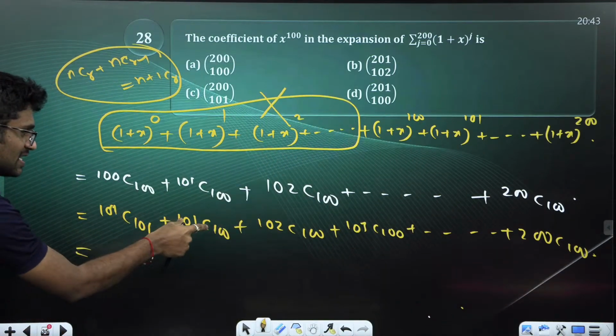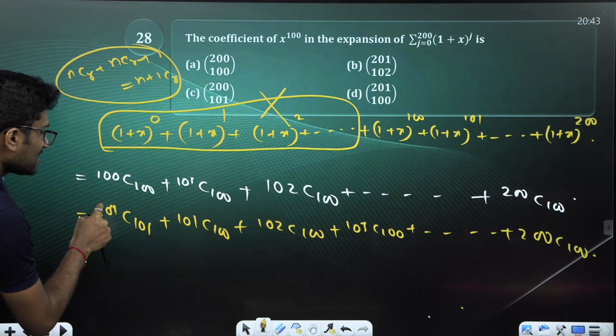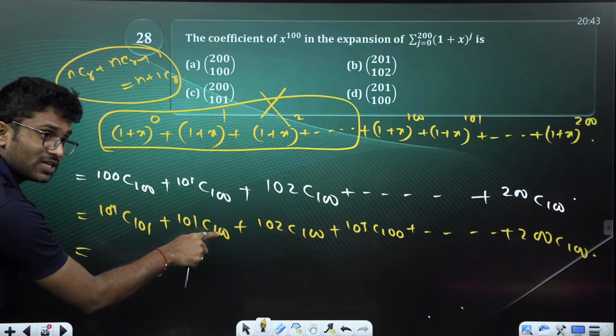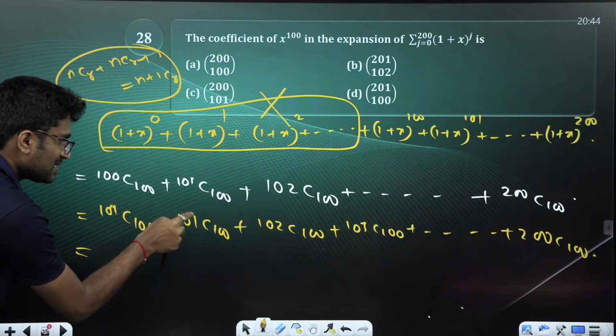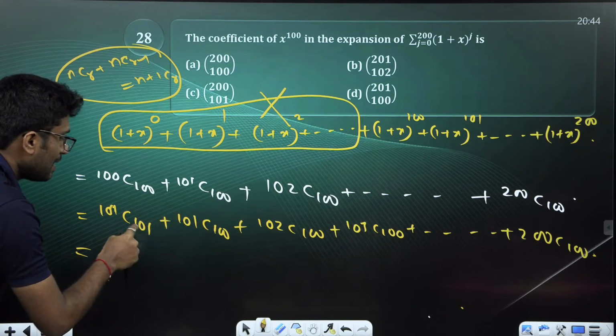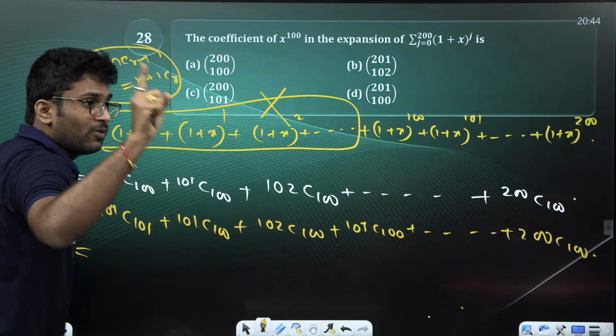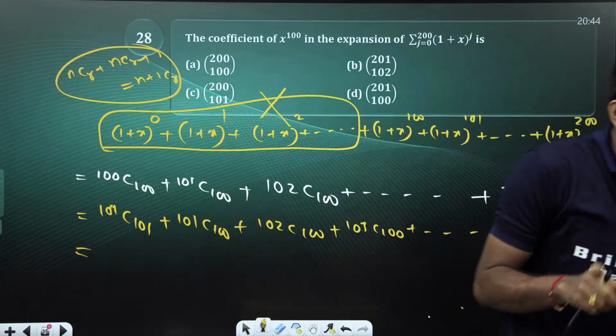See guys, this is clearly like nCr plus nC(r-1): same prefixes, but the suffix has been reduced by 1.